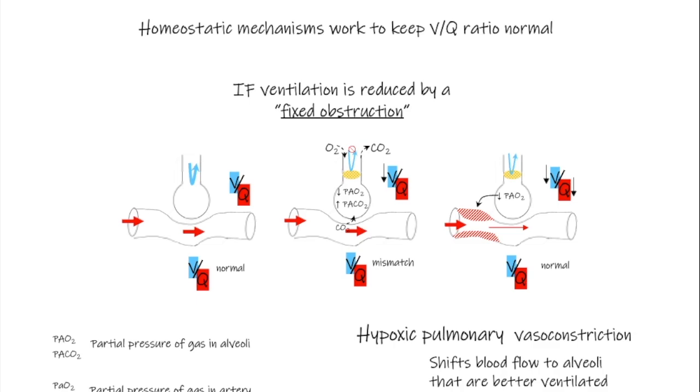The purpose of this is to shift blood flow away from these alveoli that are not being ventilated to a portion of the lung which is better ventilated. Looking at this from the macro view, that maintains a normal VQ ratio when looking at the lung as a whole.